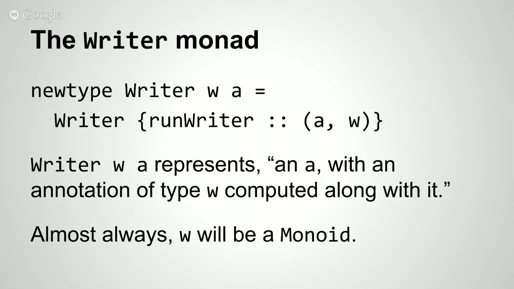Writer W A represents the computation of an A with an annotation of type W. And type W is almost always going to be a monoid. It almost doesn't make sense to use writer if it's not a monoid, because for one thing, you don't get a monad.